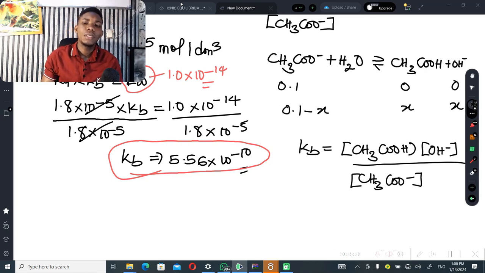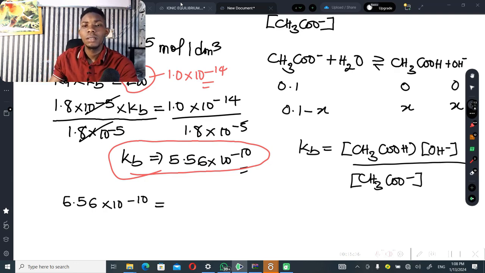Now what was our value for Kb we calculated? It was 5.56. So in place of Kb, we put 5.56 times 10 raised to the power of minus 10. The acetic acid, now if you look at it, we can say it's X. I already explained something like this before, so you know where this X and this X are coming from.